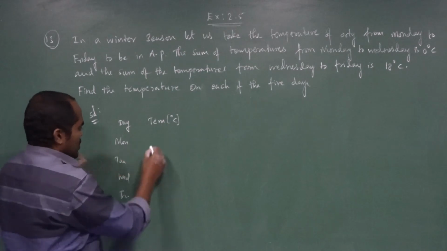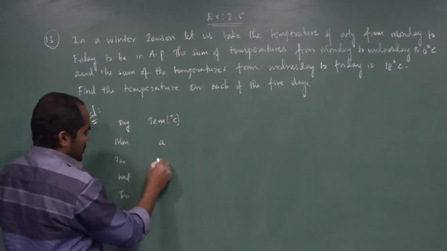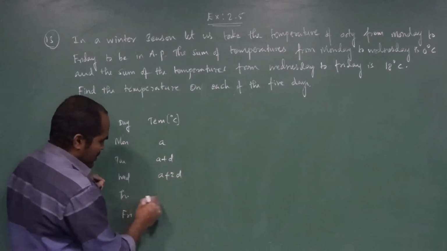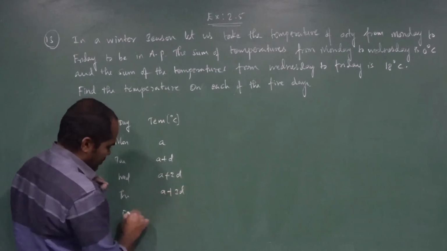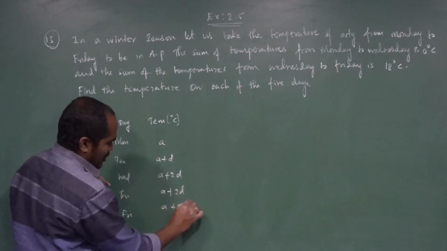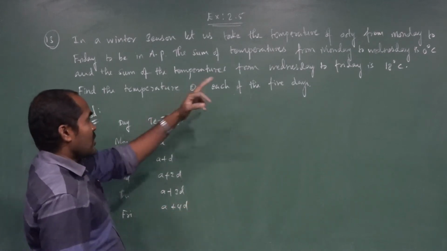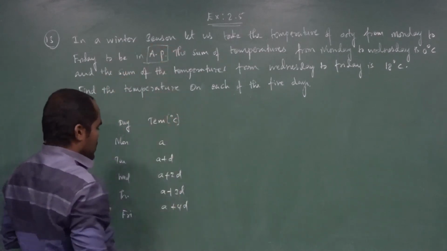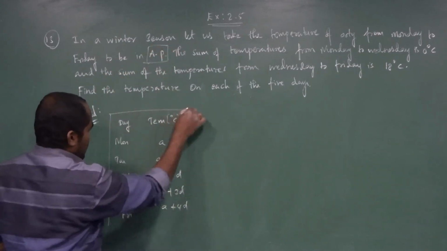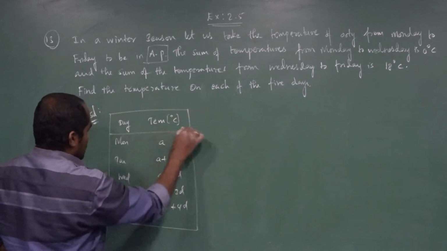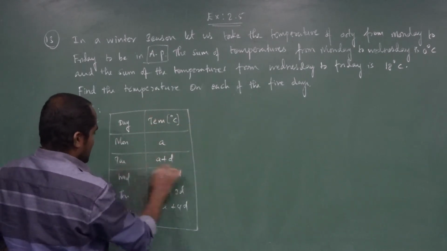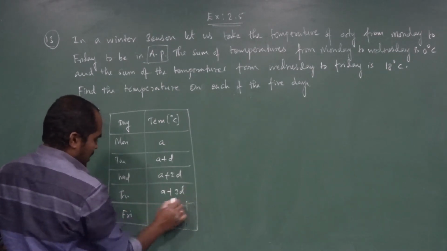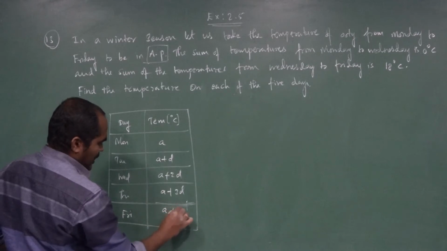So take Monday temperature as A, Tuesday A plus D, Wednesday A plus 2D, Thursday A plus 3D, Friday A plus 4D, because the temperatures from Monday to Friday are in arithmetic progression.